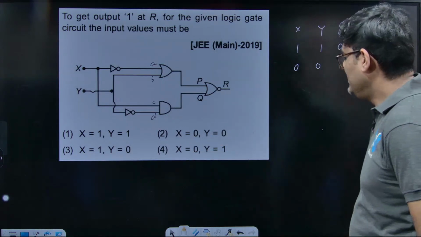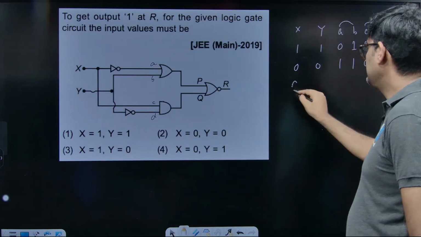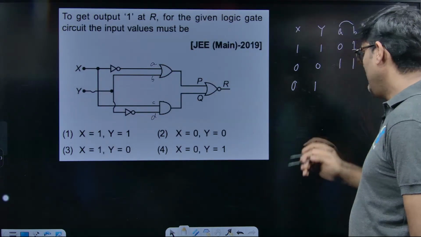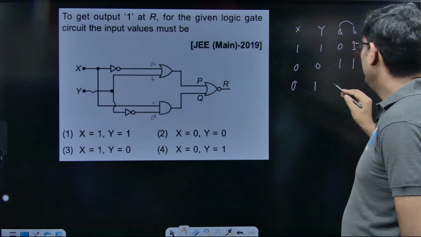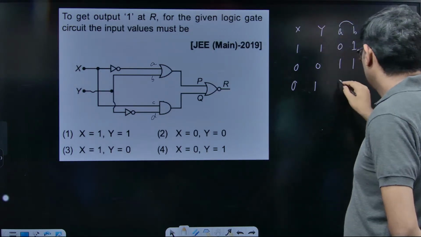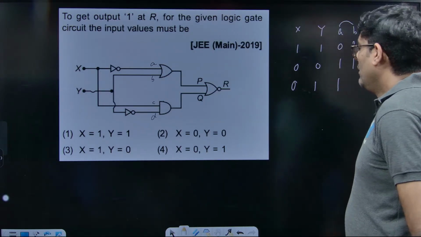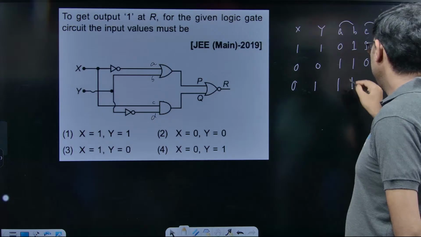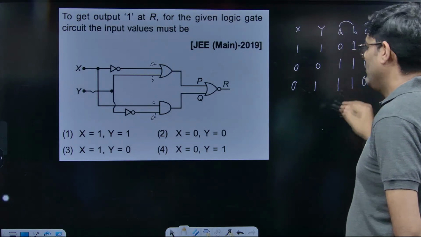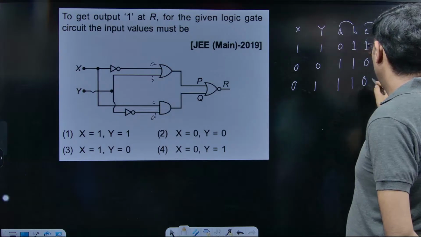Let's check option 4, x 0, y 1. What is A? A is opposite of x, which is 1. B is the same as y, C is the same as x, D is opposite of y.